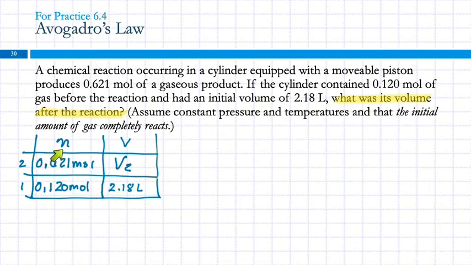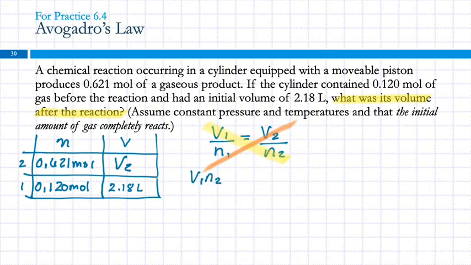So I have n's and v's and 1's and 2's, and so I need the equation V1 over n1 equals V2 over n2. And again, we've got an equation here with a fraction. So I'm going to cross multiply and get rid of the fraction before I rearrange the equation.